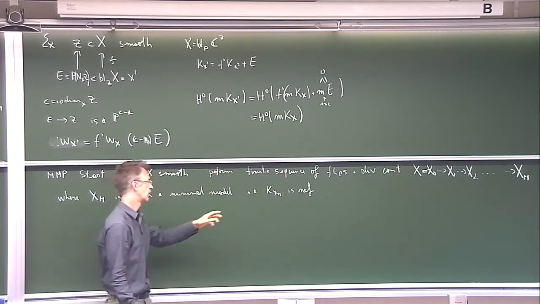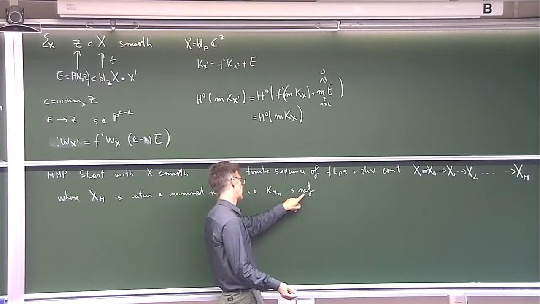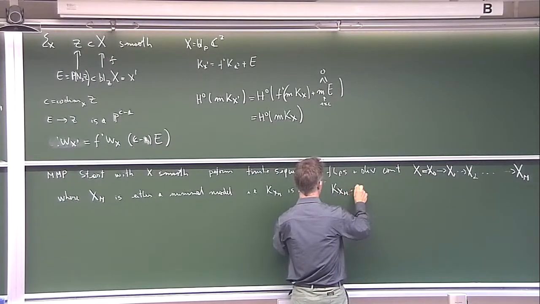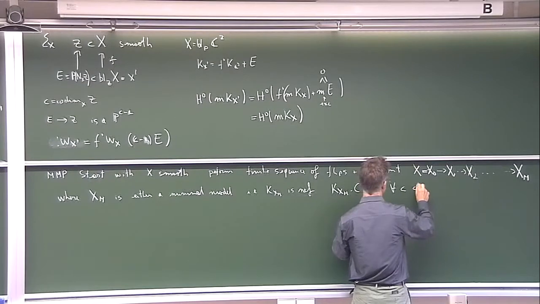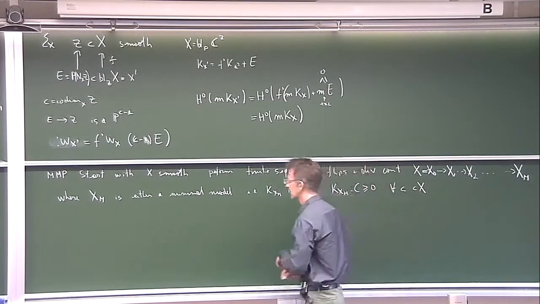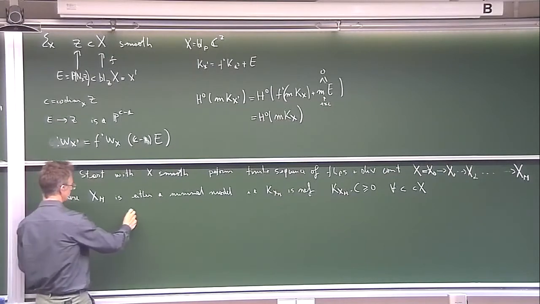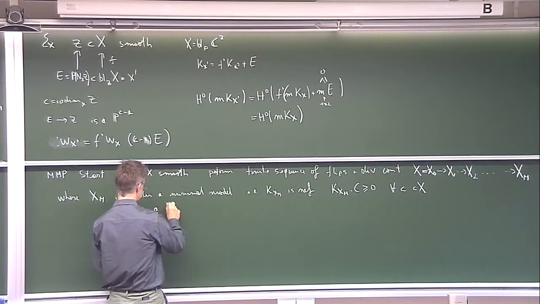I guess this is shorthand for eventually numerically effective, but what it means is that the intersection with any curve is always non-negative, for any curve C in X. Okay, so that's one positive outcome. And the other positive outcome is a Mori fiber space.